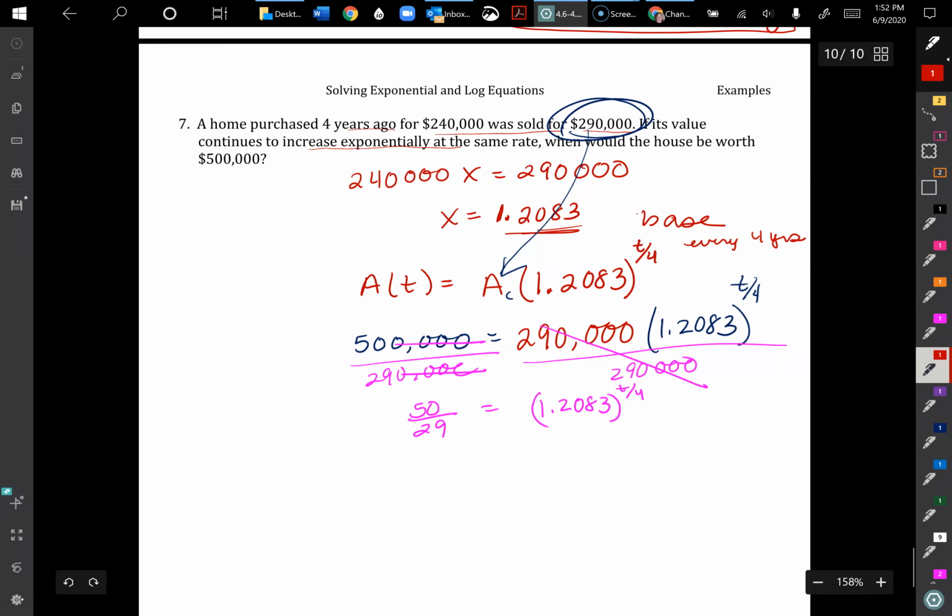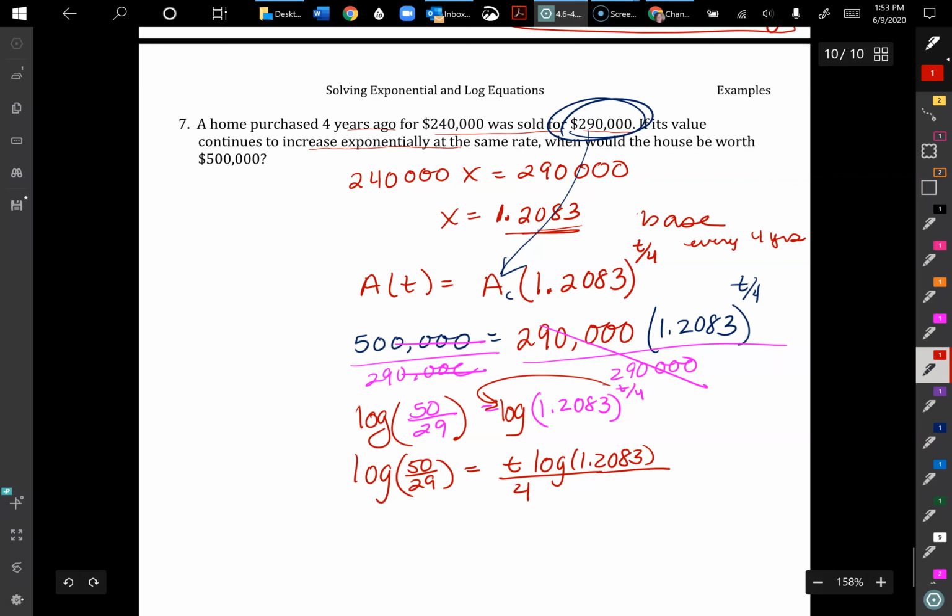So now I'm going to take the log of both sides. This will come down in front, so I have log 50 over 29 equals T over 4 log 1.2083.